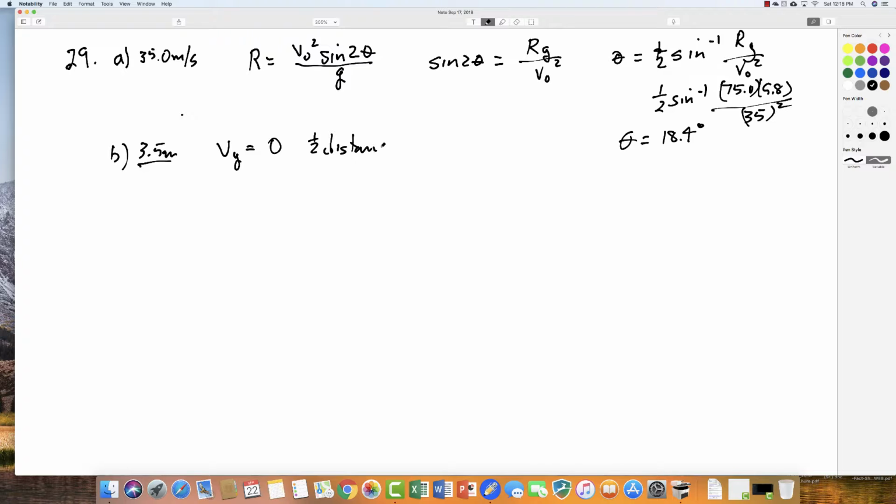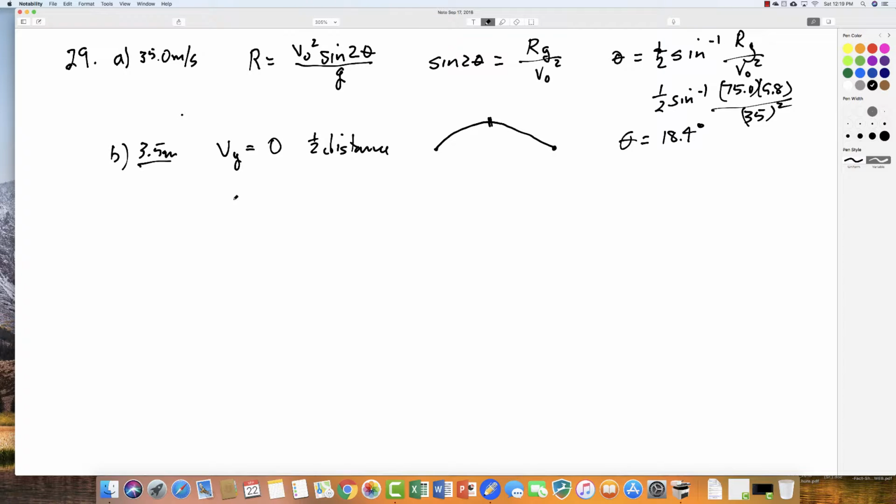Now, in order for you to see this, I'm going to draw a diagram. Here's the release point. Here's the target, and it goes up and back down, okay? So the halfway point is the highest point. It's also the point at which the y component of the velocity is 0. So we go from here to there and then back down.